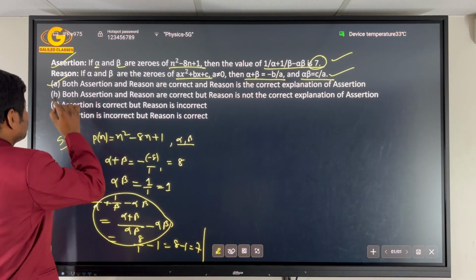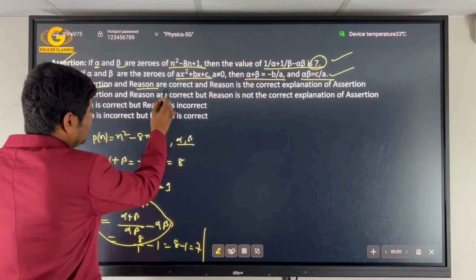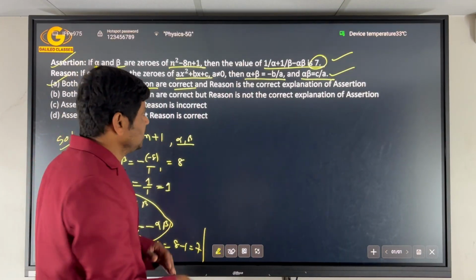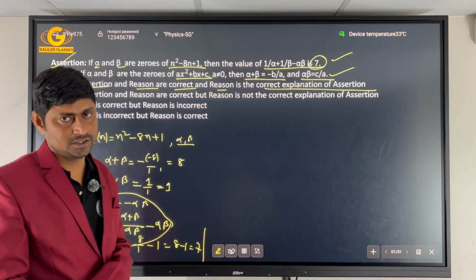Therefore option A is correct. Both assertion and reason are correct, and the reason is the correct explanation of the assertion. Clear?